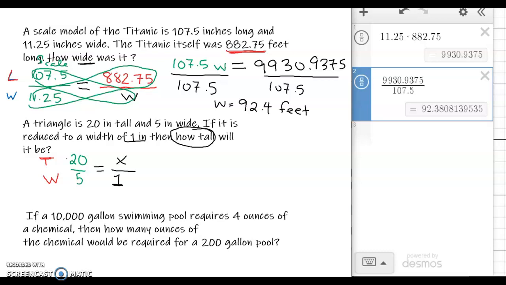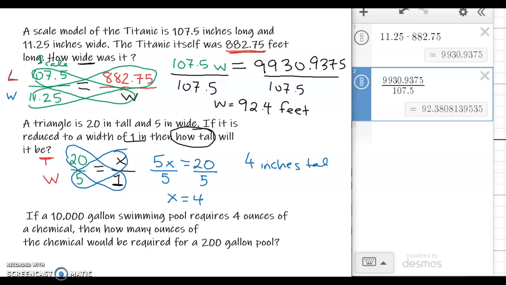I get to cross multiply and solve this. This might be one you could figure out without going through the steps, but I'm going to write out the steps. I see 5x equals 20. Divide by 5, divide by 5, and x is 4. So that would tell me that this is 4 inches tall.